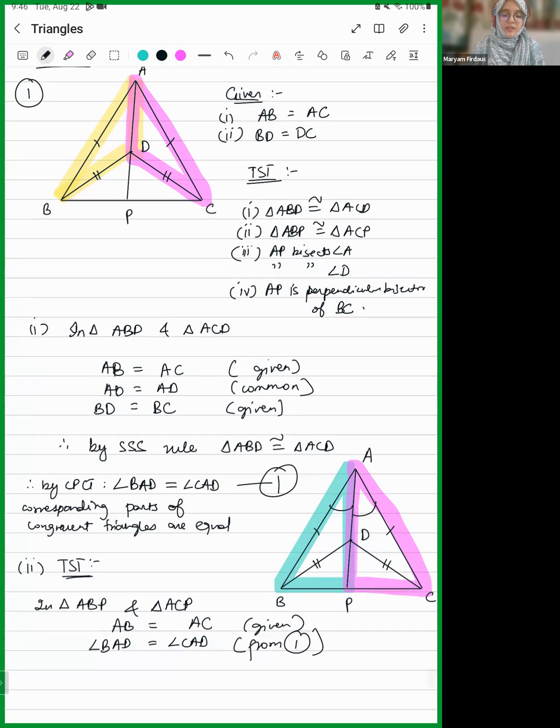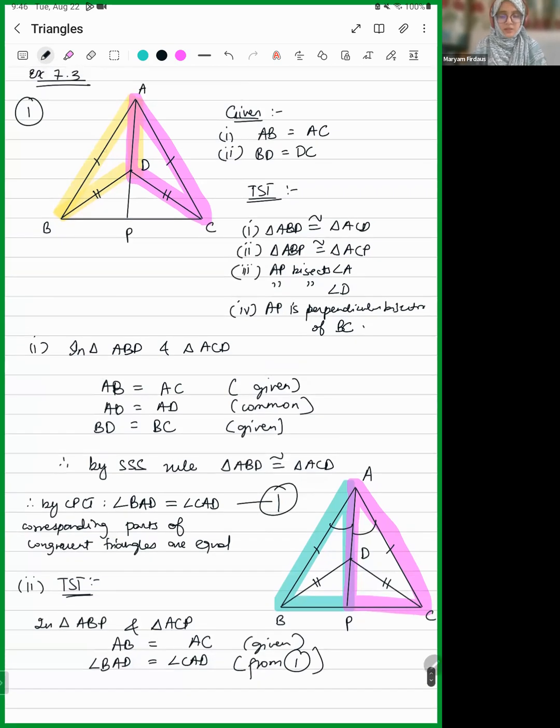For these two triangles, which we showed as equal, the yellow and the pink one, this angle will be equal to this angle. Why? Because we are saying that triangle ABD is congruent to triangle ACD. Over here, A is corresponding with A, if you write them one on top of the other, ABD and ACD.